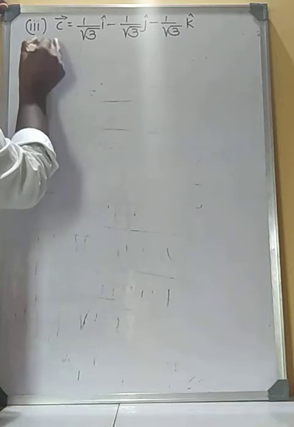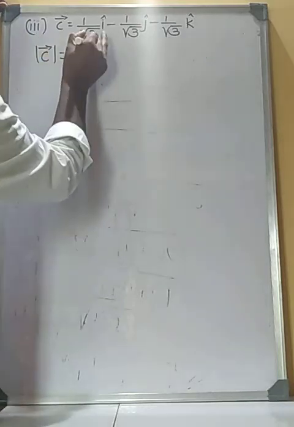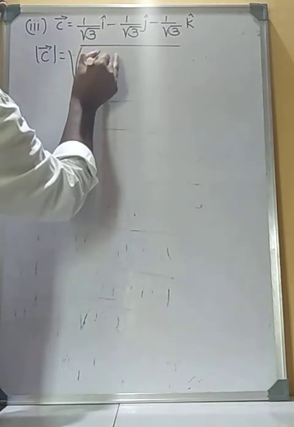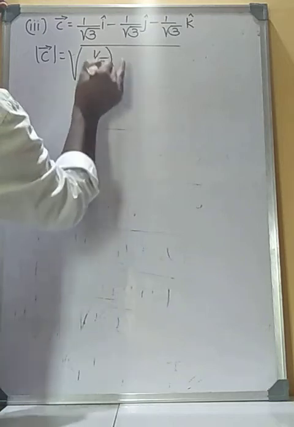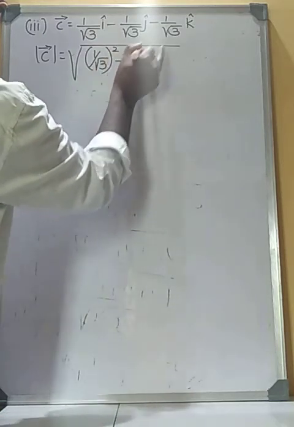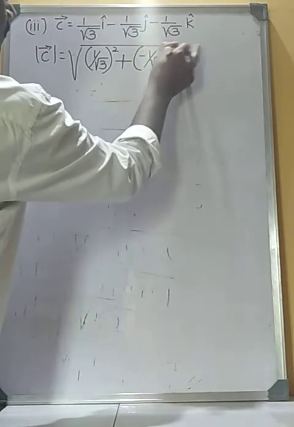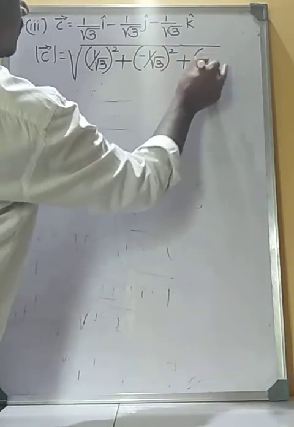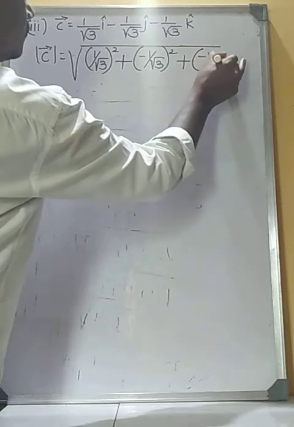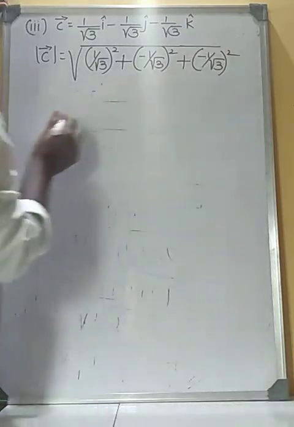Magnitude of C vector is equal to root of (1 by root 3) whole square plus (minus 1 by root 3) whole square plus (minus 1 by root 3) whole square.